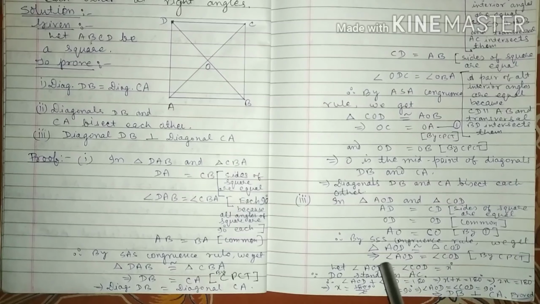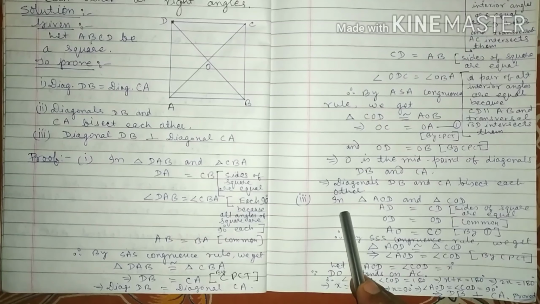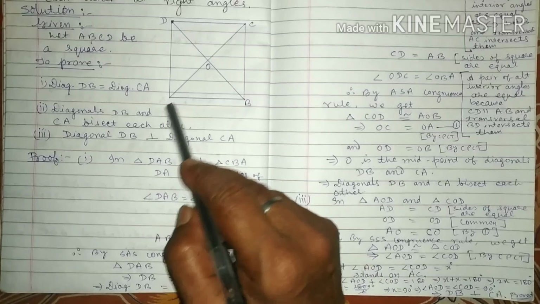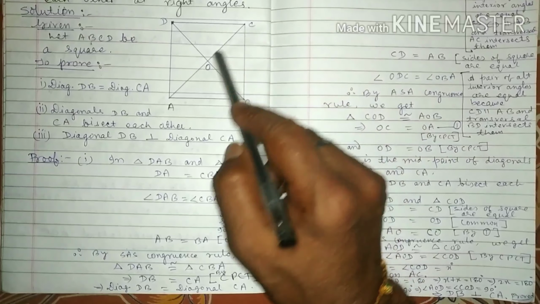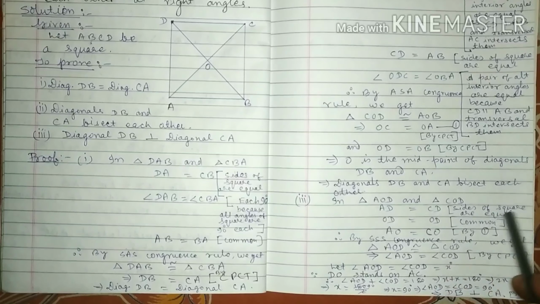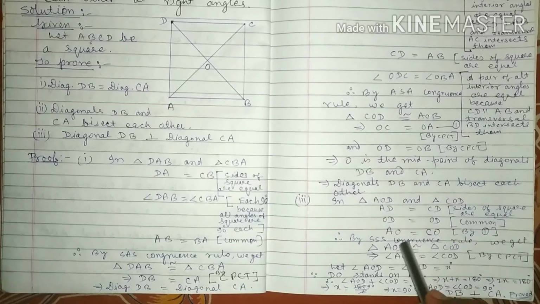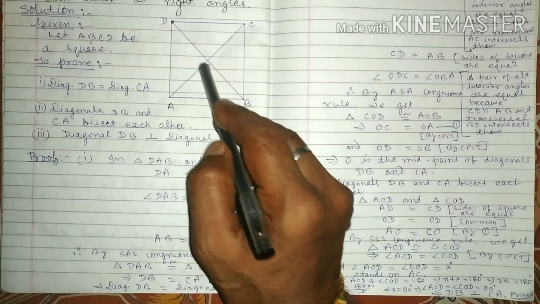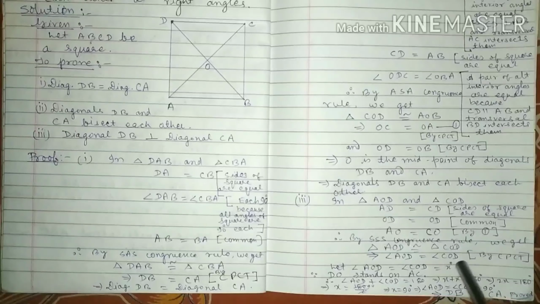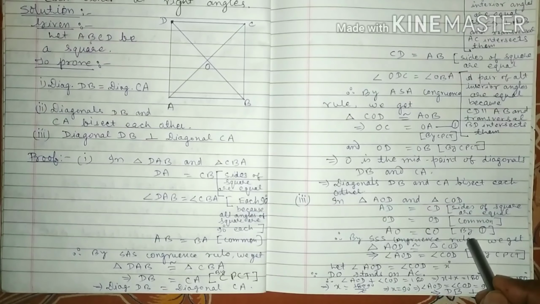Proof of 3. In triangle AOD and triangle COD, AD is equal to CD, sides of a square are equal. OD is equal to OD, common. AO equals CO by 1.